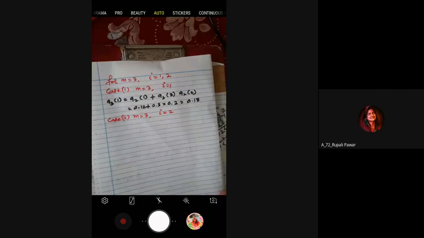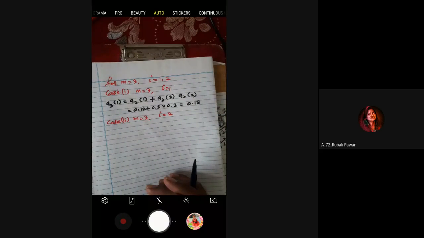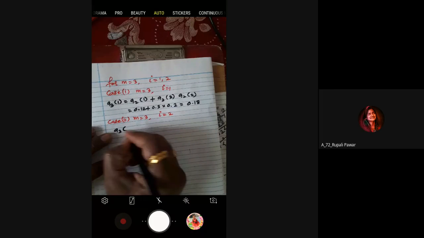क्या आंसर आएगा अभी? Just tell me what. 0.236. A3 of 2 is equal to what? कितना आ रहा है?